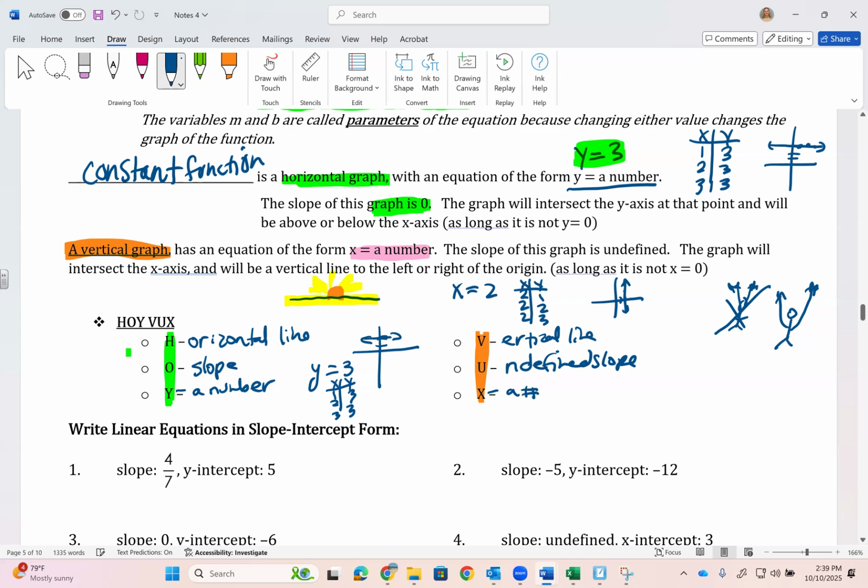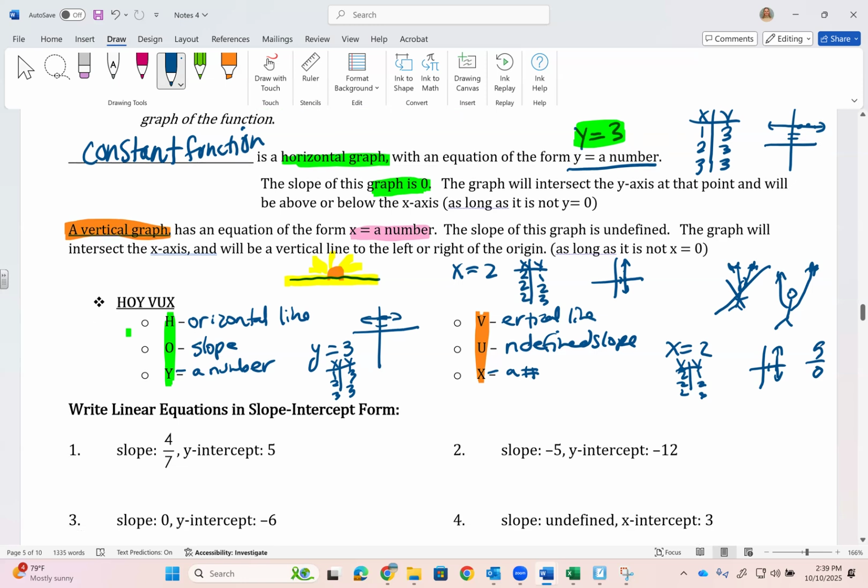If you had x equals 2, the table says x is 2, y is whatever you want it to be. When you plot these points, you're going to get a vertical line at x equals 2. The slope is the most infinite slope, so we call it undefined, because no matter how much up or down you go, you never go left or right. So your rise over run would be a number over 0, and the numerical value of that is undefined.